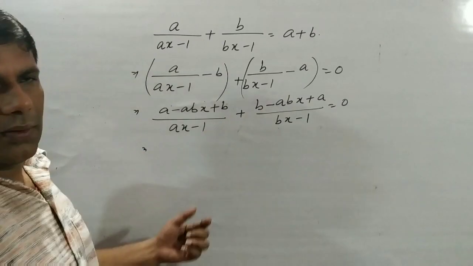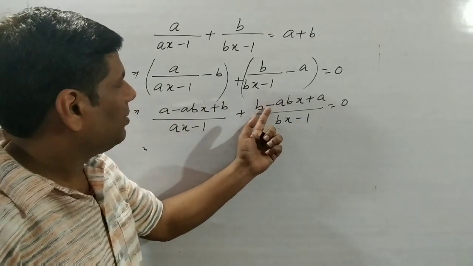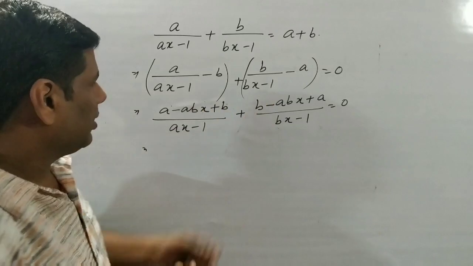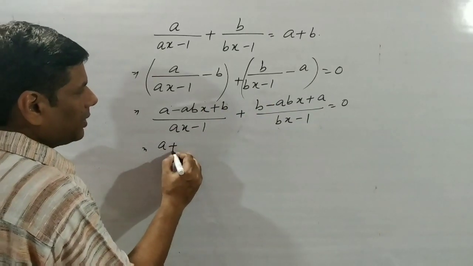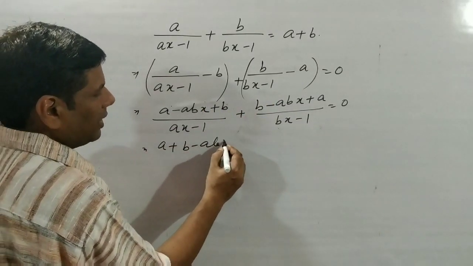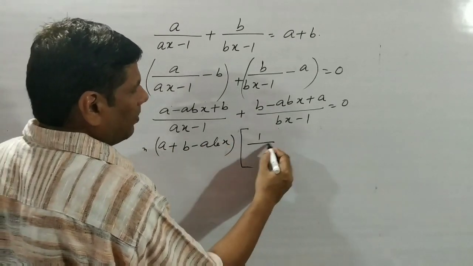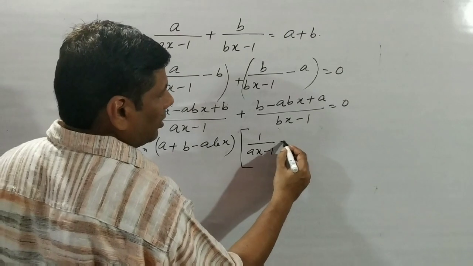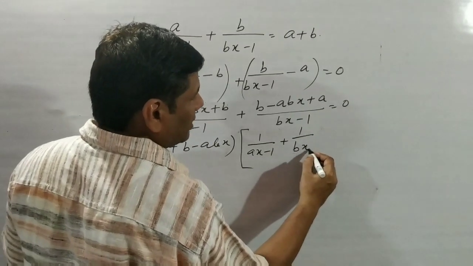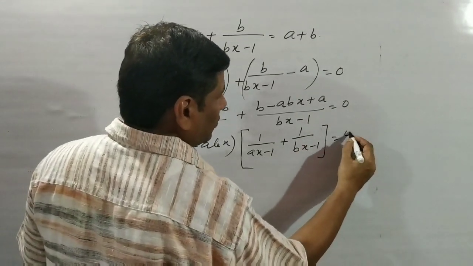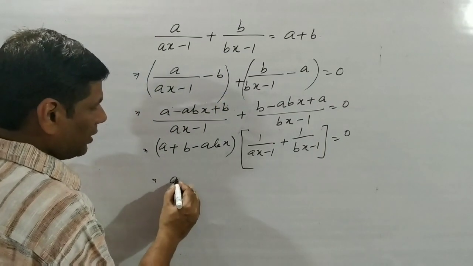Now in the numerator what we see, a plus b minus abx is common. So we will take a plus b minus abx as common. Now we are left with 1 by ax minus 1 plus 1 by bx minus 1. This equals to 0.